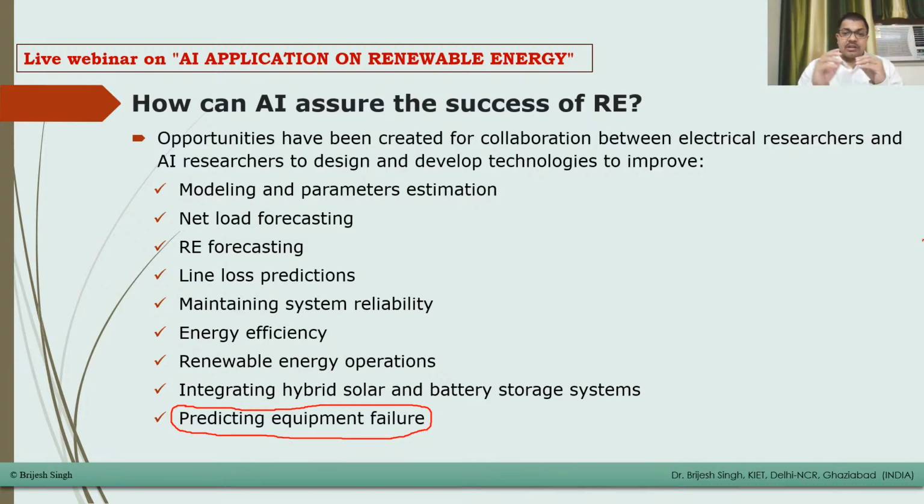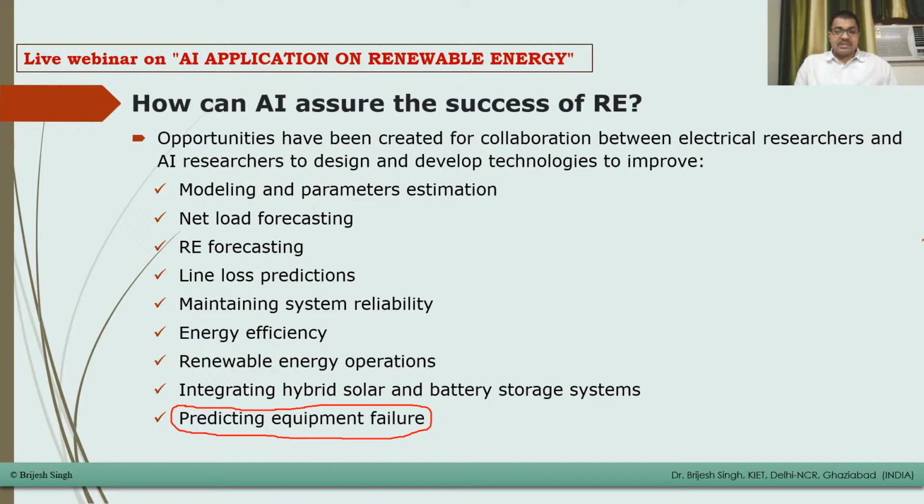So equipment failure can be considered one of the major challenges for power operators. That's why AI can help them. On the basis of the data monitored during operation for each and every equipment, the AI can easily predict the chances of failure of the equipment in the system.